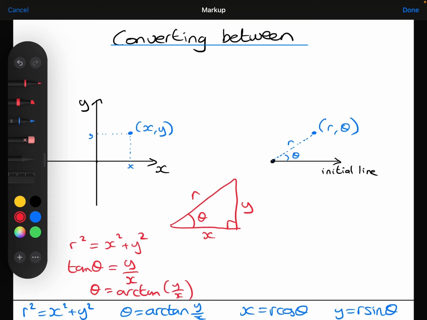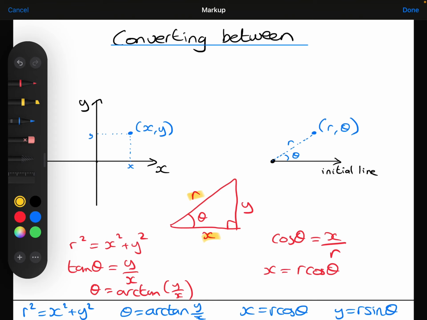I can also say that cos theta is equal to the adjacent, which is x, divided by the hypotenuse, so x divided by r. If I multiply both sides by r, I get x equals r cos theta.